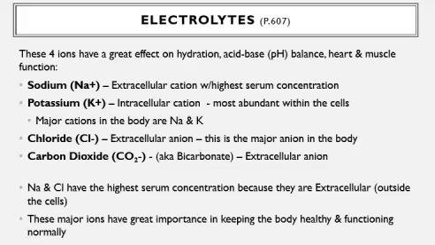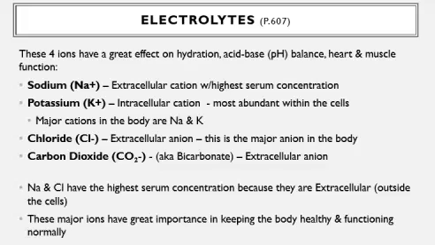Sodium is an extracellular cation with the highest serum concentration. So let's break that down and discuss exactly what an extracellular cation is. Extracellular meaning outside the cell, and cation meaning it has a positive charge. The next electrolyte is potassium.